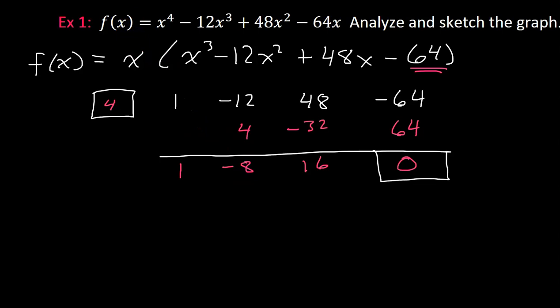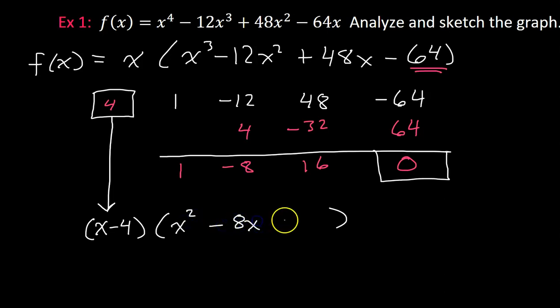Let's translate all of this back into a polynomial. So the 0 of 4 tells us that we have a factor of x minus 4. We will use these 3 numbers as coefficients, so we will have x squared minus 8x plus 16.